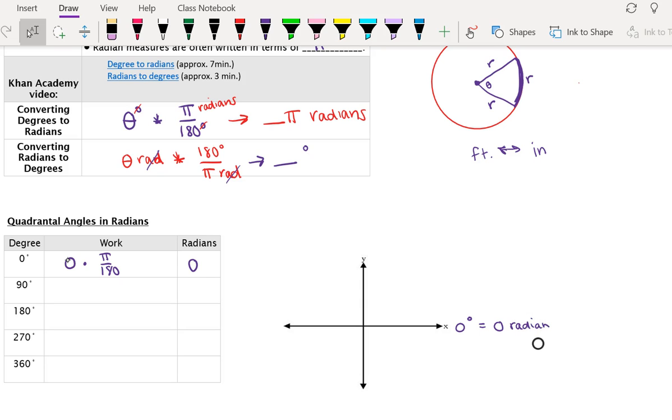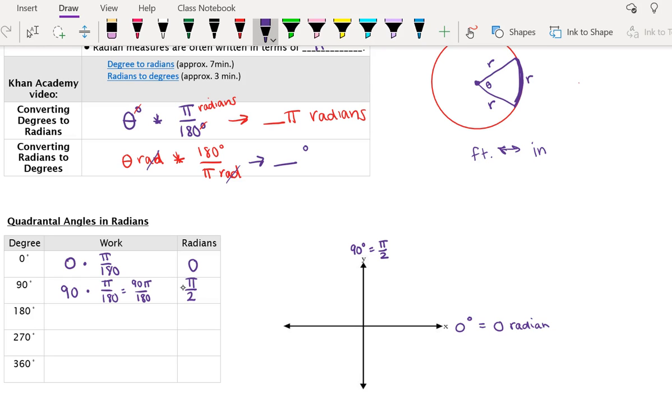Okay? 90 degrees, we're taking 90 degrees times pi over 180. Well, that just becomes 90 pi over 180, and we can reduce that fraction. 90 and 180 reduce to be 1 pi over 2, or just pi over 2, because 90 is half of 180. So when I have 90 degrees, that's equal to pi over 2 radians.